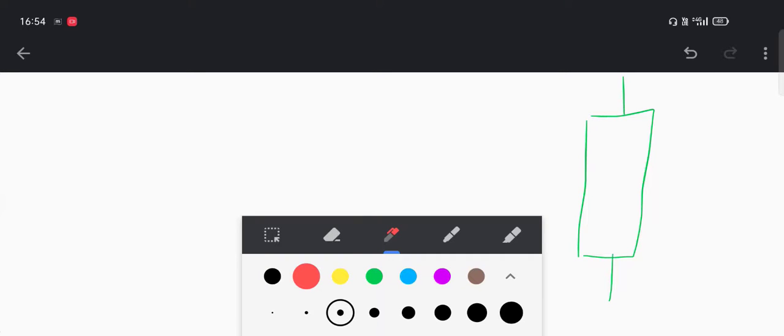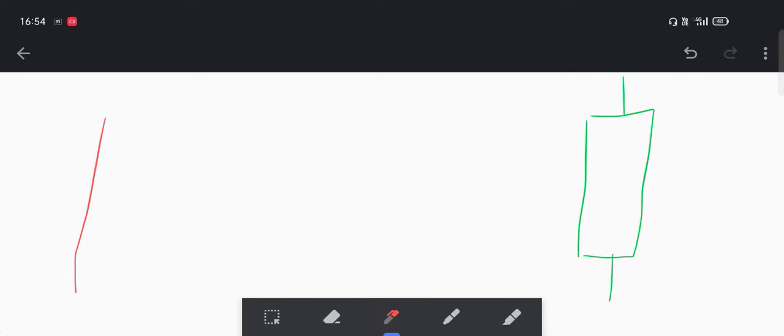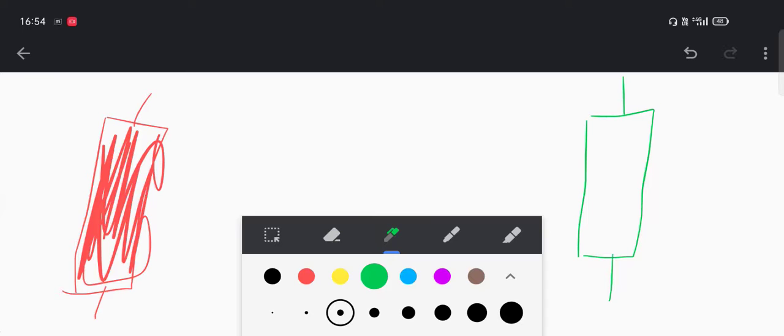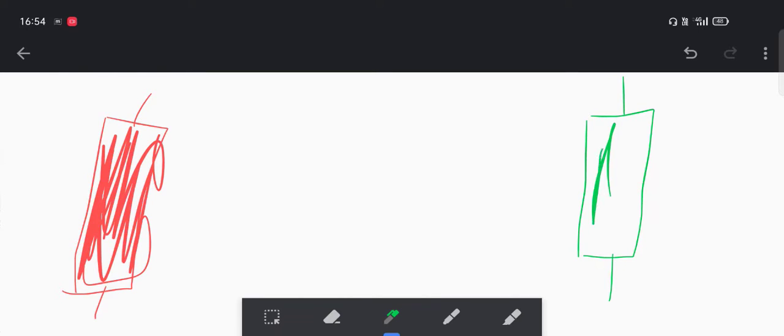This is another candle. This is a red candle. This is a green candle. Sorry for my drawing, I am just drawing these candles so that you can understand.